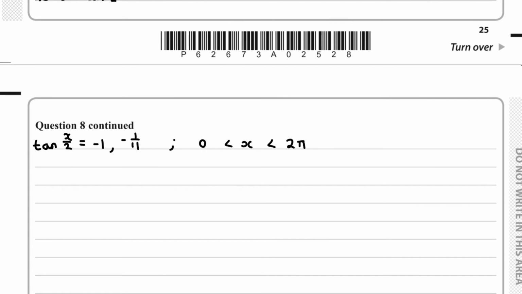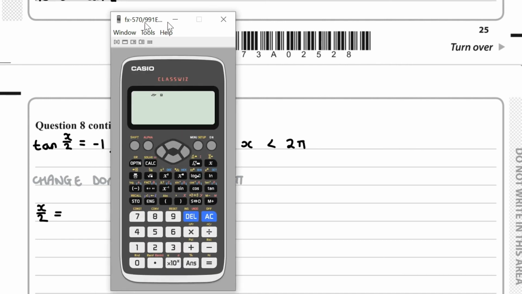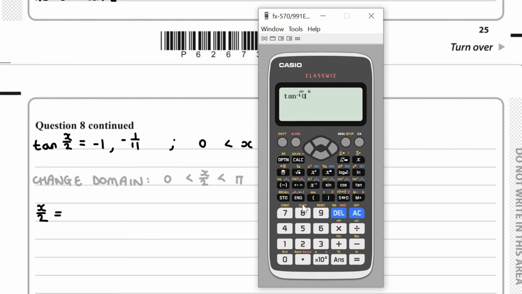Now, if we change the domain, what we'd have is 0 less than x over 2 less than pi. So we have here x upon 2. This is equal to, if we work out the inverse tangent of minus 1, we get minus pi over 4, and then if I add on pi to make sure we're in the correct interval, we get 3 pi over 4.